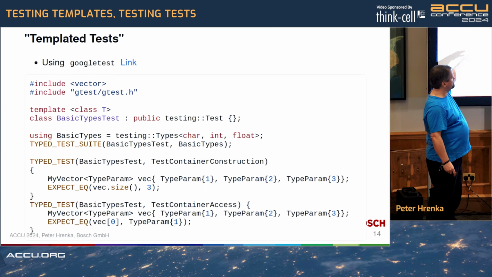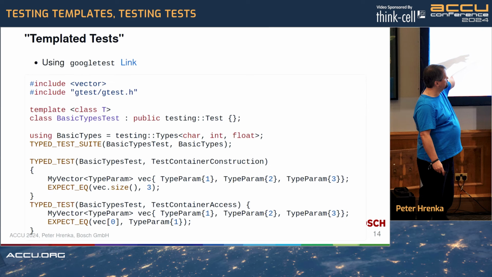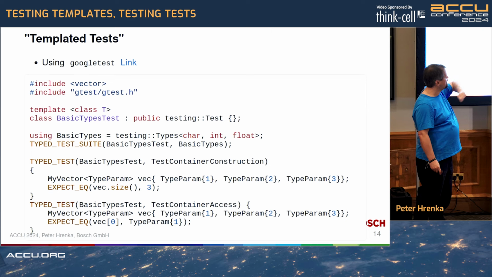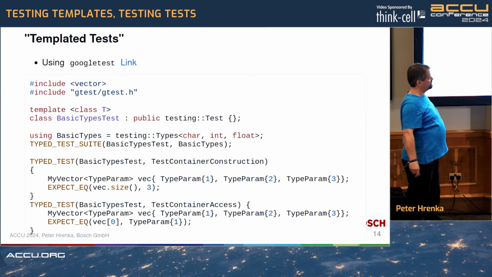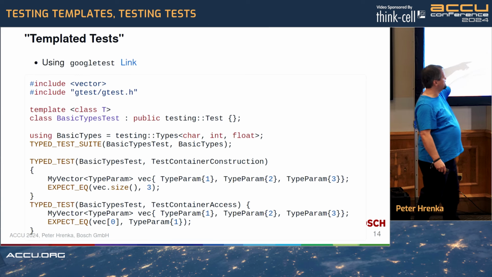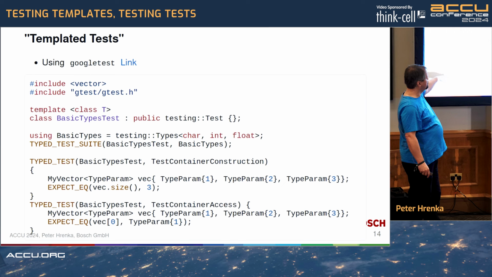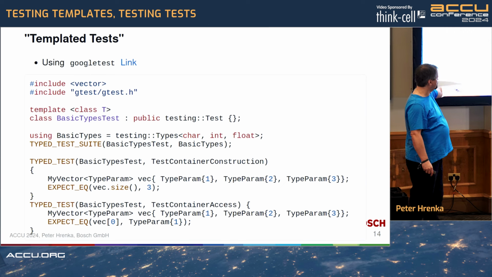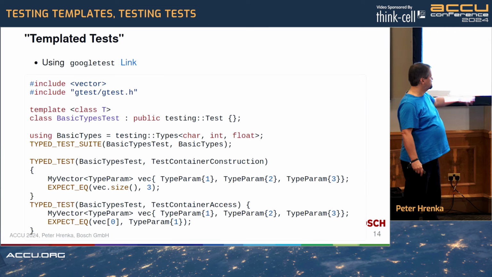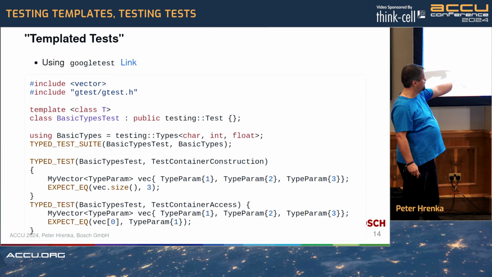And then I make a simple test. Here I want to test the construction, so I just make a vector with 3 elements, cast that to the type I want to use. And here's another test where I have a similar setup, and I just access the element and expect it and see what's in there. That's possible.